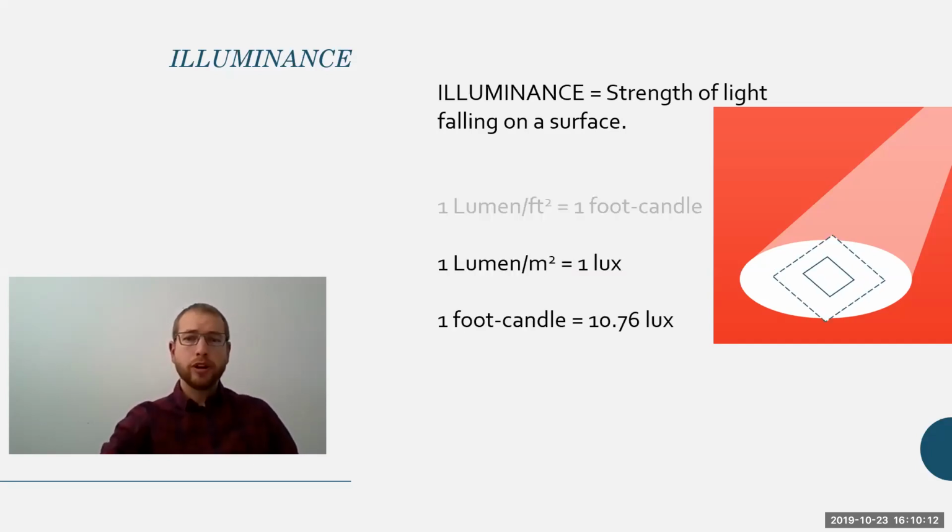If we want to go for international units, which I much prefer and will be referring to from now on, that would be in terms of lumens per meter squared, or 1 lux.